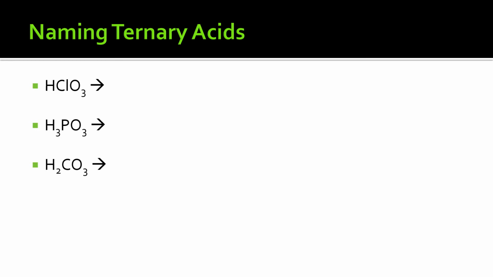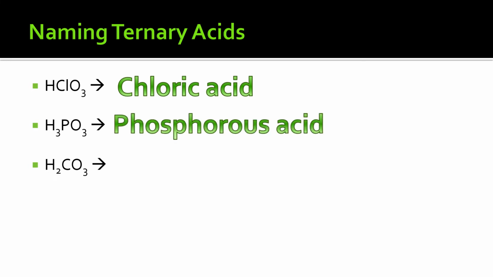ClO3 is chlorate, so I take the ate off: chloric acid. PO3 is phosphite, so with gingivitis, I change it to phosphorous acid. And last but not least, CO3 is carbonate, so carbonic acid.